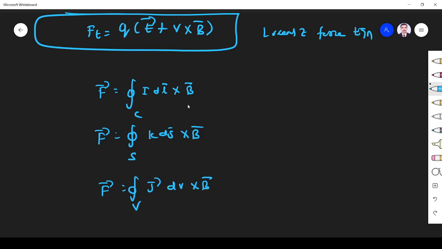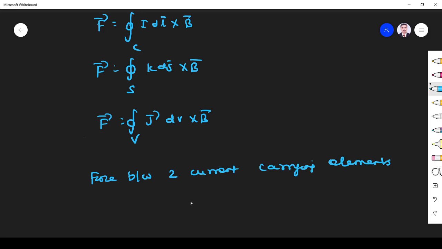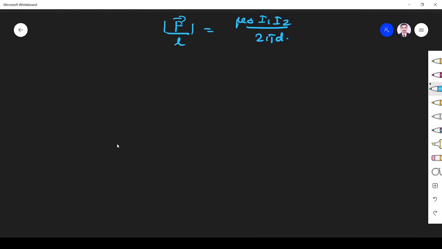Fine? Okay. Next, force between current carrying elements. Force between two current carrying elements is given by force per length, which is equal to mu naught I1 I2 divided by 2 pi d, where d is the distance between the elements. So this is another important point.